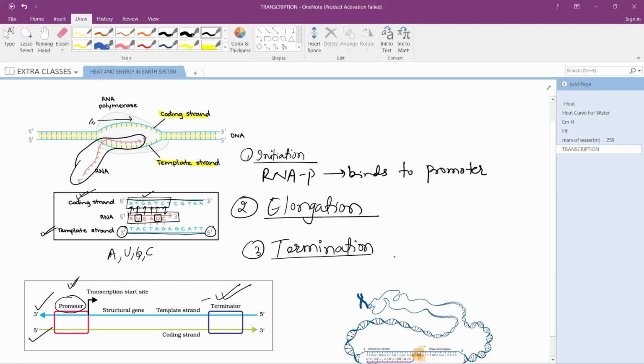Ribosomes make proteins but are not in the same location as DNA in the cell. Is there more in your notes? For transcription, I think that's it.